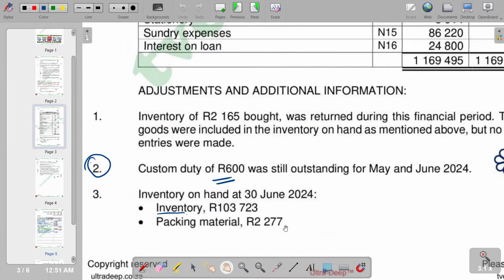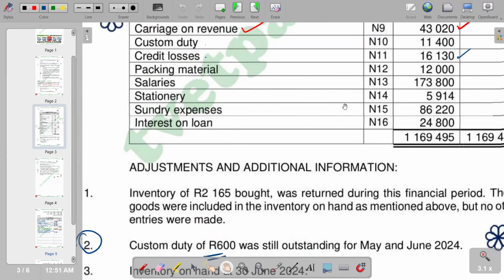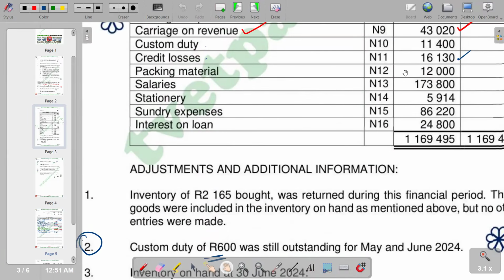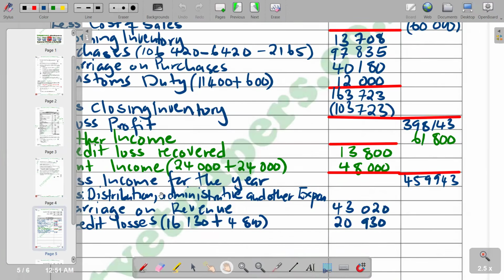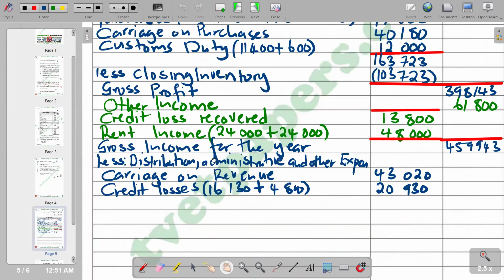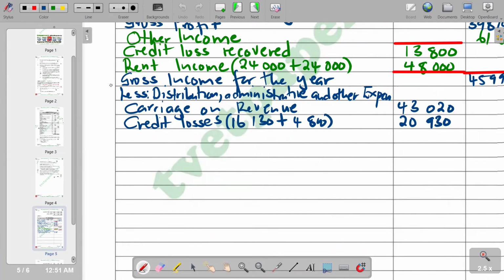Packing material 2,277 indicates packing material remaining at the end of the period. So we subtract it from what was bought, which is 12,000, to get the one that was used. So we come here. We are saying packing material. So in brackets, what was bought is 12,000.